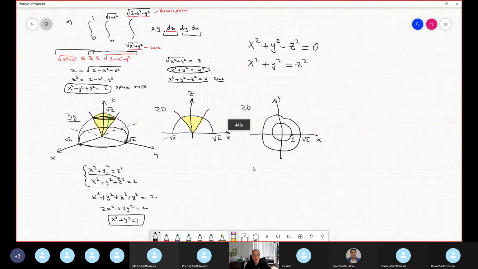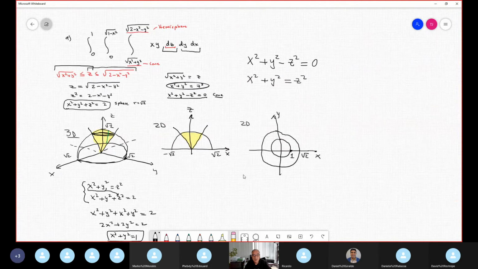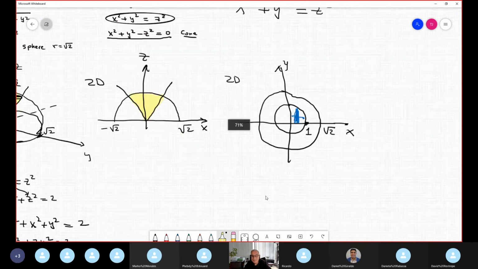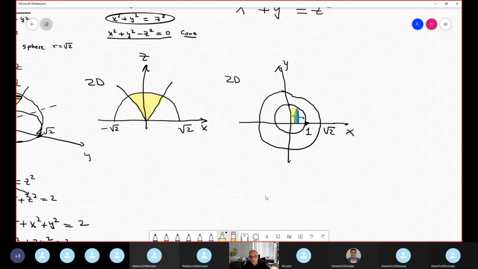The region R, I saw that this guy is doing in that direction, from 0 to the circle with the radius 1. And finally extending this strip in the x direction from 0 again to 1. Therefore, our region is this. It's a quarter of a circle.